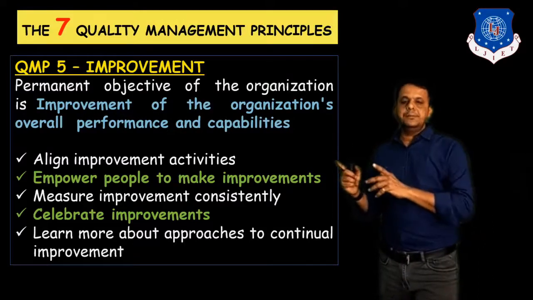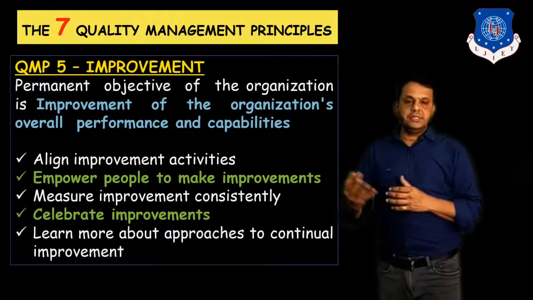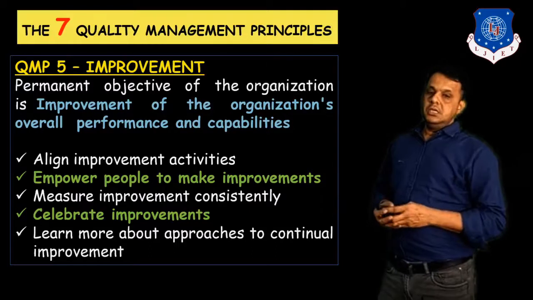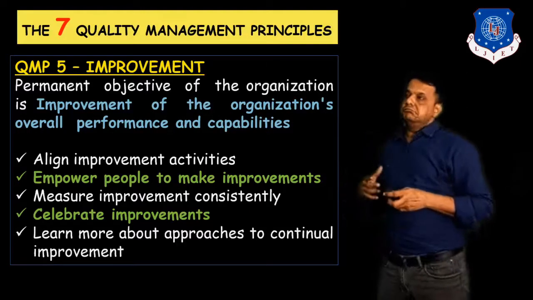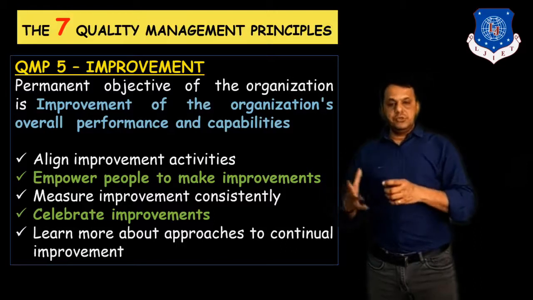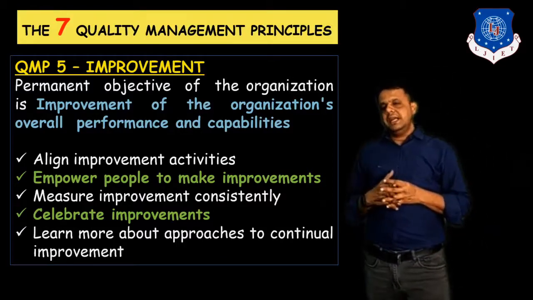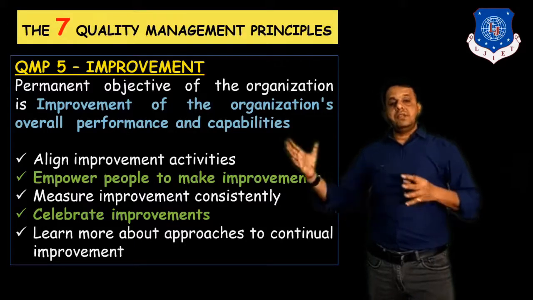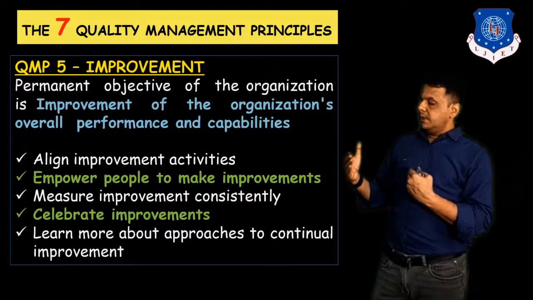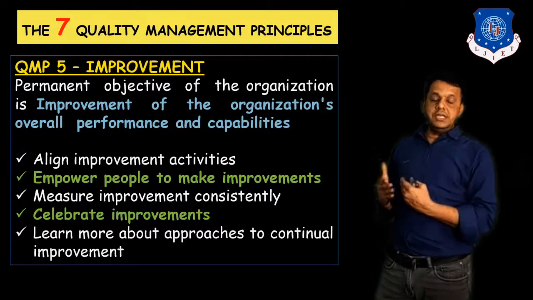So aligning improvement activities, let's say training of the employees, or technological change, or a certain type of change in the process. For example, we previously had 6 or 7 days working, and now European countries are moving towards 4 days working, even 5 days working; the culture is already in effect.